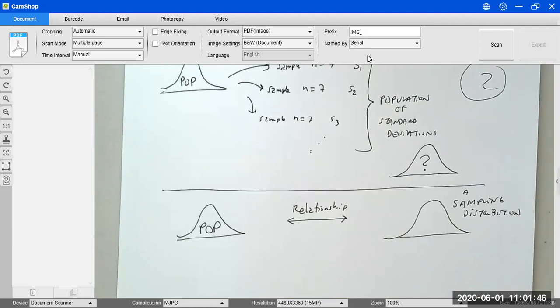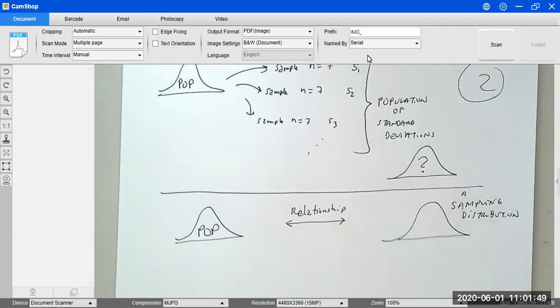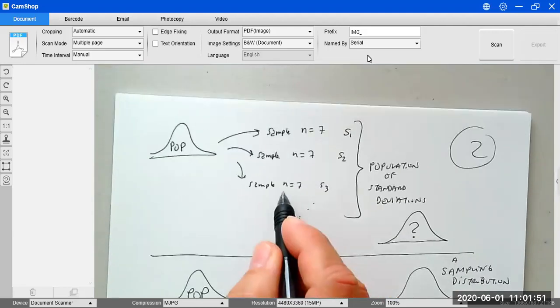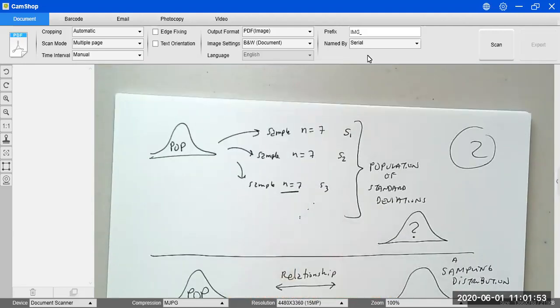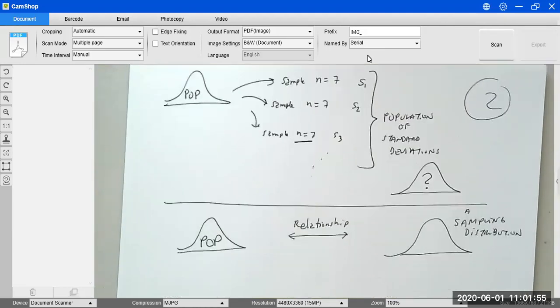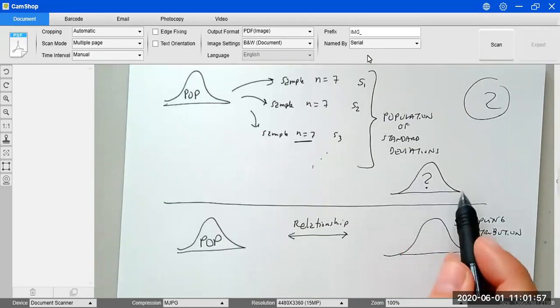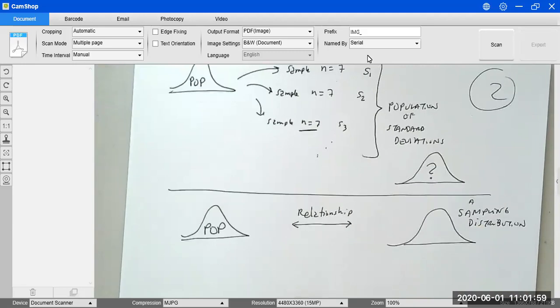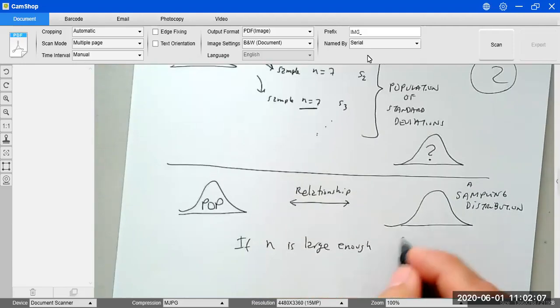There is a theorem that says that if the size of the sample is large enough, then you're going to know the kind of distribution that you're going to follow. So if n is large enough, what is large enough?